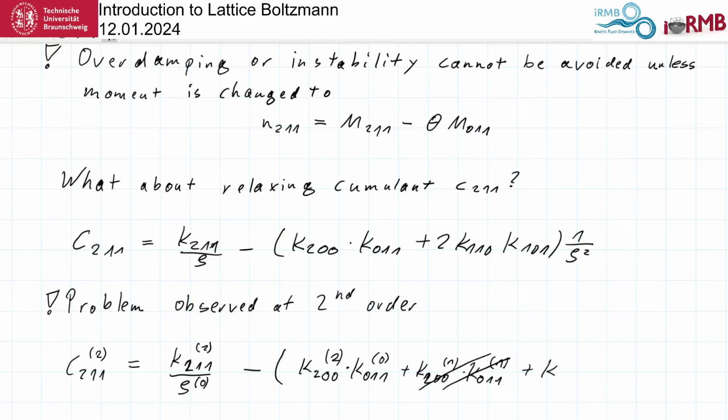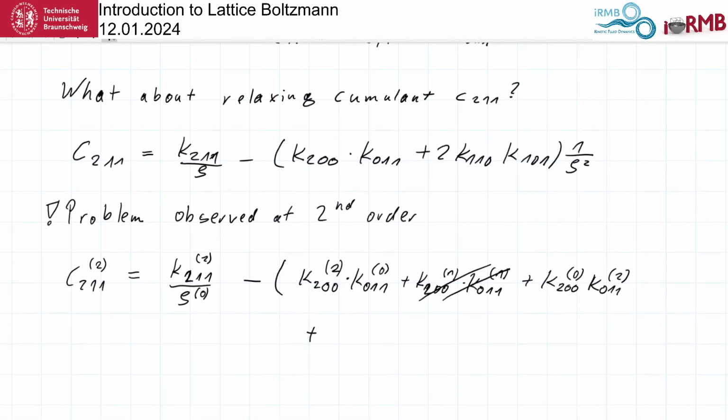However, something else exists, namely K200 to 0th order times K011 to second order. Yeah, and the other term also exists. So this is 2 times K110 to second order times K101 to 0 order plus 2 times K110 to 0 order and K101 to second order.